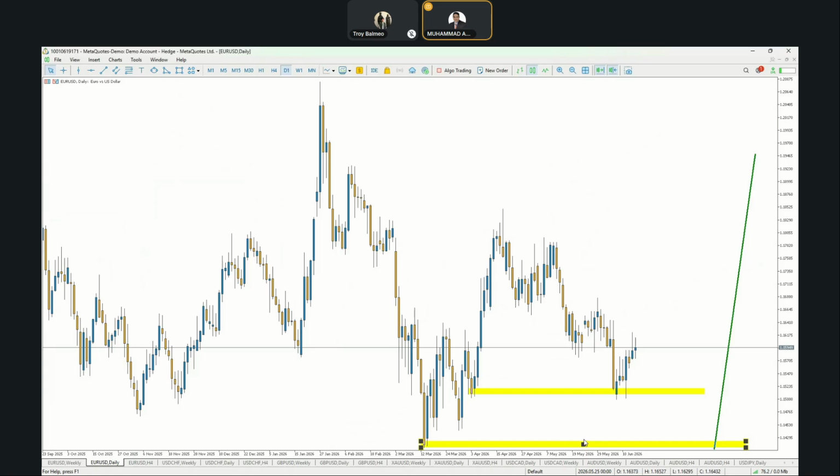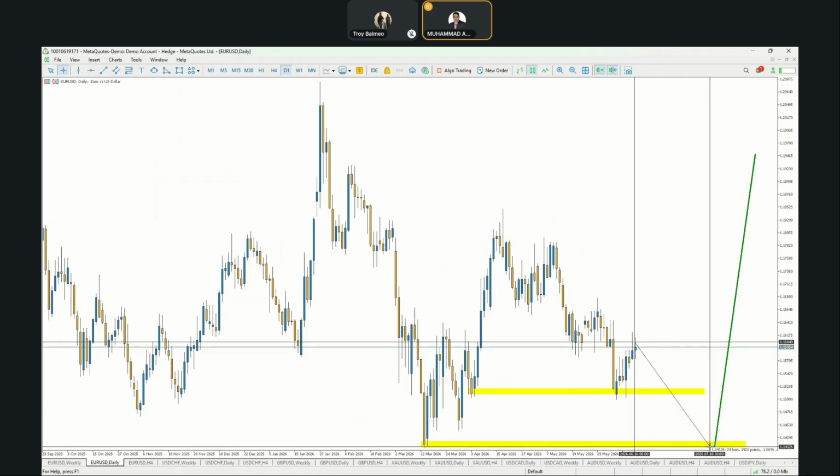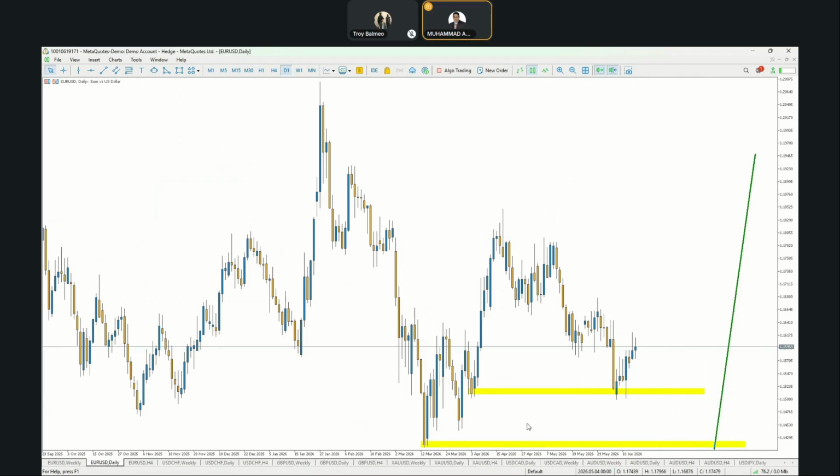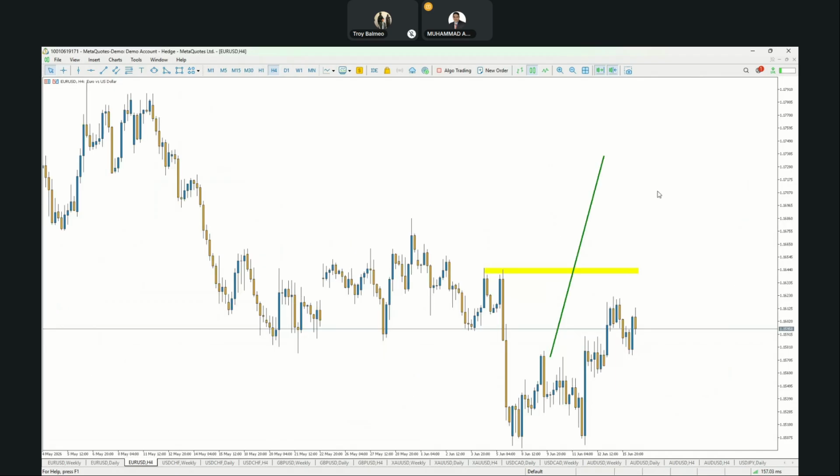If we take a look at a daily time frame, the market kind of bounced from the support area, but it has failed to print a new high above this high over here. So it's quite possible that the market is probably going to drop more in the euro dollar currency pair, especially if we take a look at the 4-hour chart.